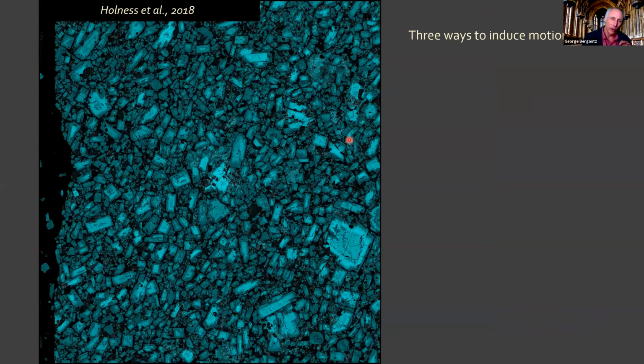So when we think about what can cause motion in a mush, well, there's three ways to induce motion. You can have shearing from a boundary, and this is expressed obviously in regional scale fabrics in plutonic rocks. The Tuolumne has two or three of these fabrics. Patterson and his team have written a lot about that and mapped them out.